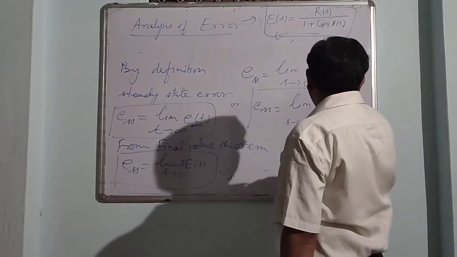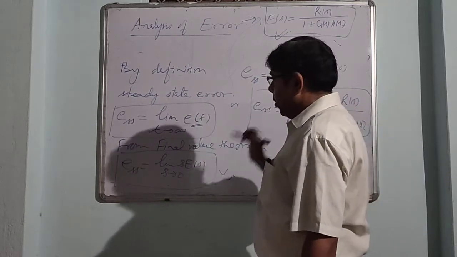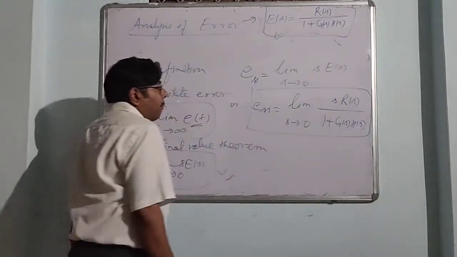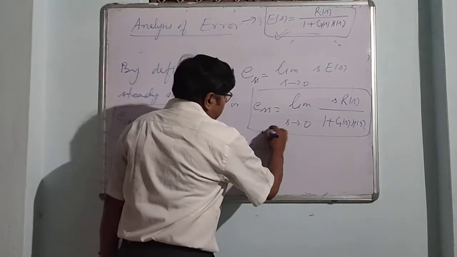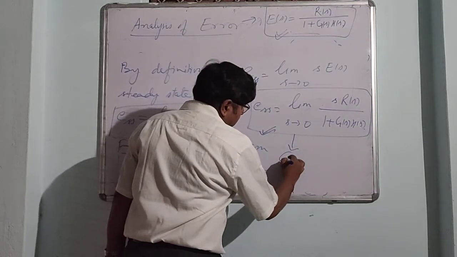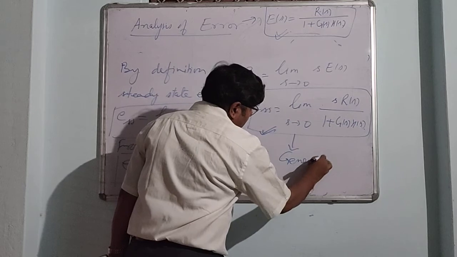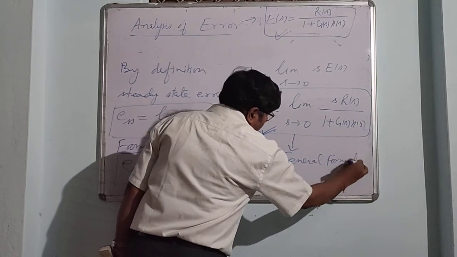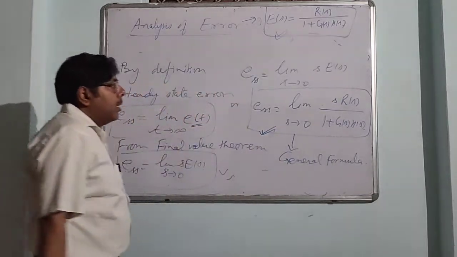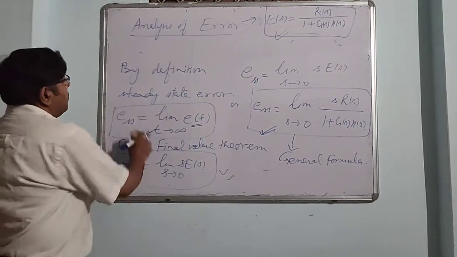So this is the final expression for steady state error. This is the general formula to find out steady state error.